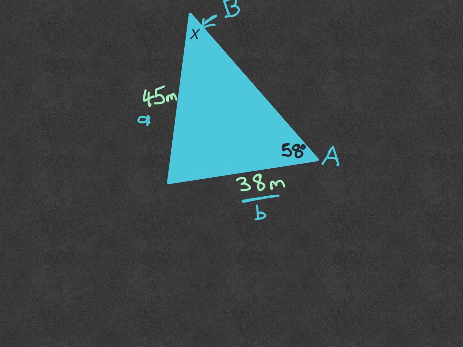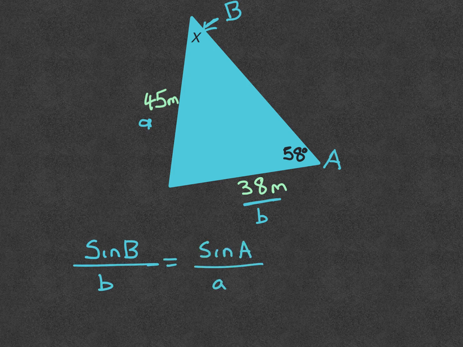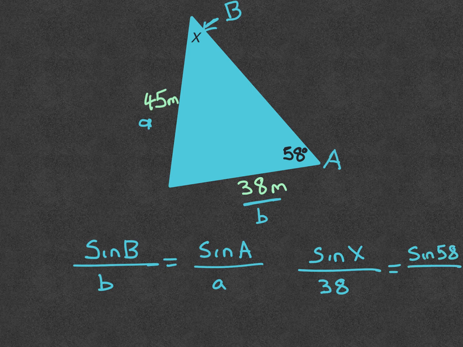This time we've got the angle as the unknown, so we want the angle to be on the top of our equation. That's the form of the sine rule that we want to use here. So if we have sine of B over b equals sine of A over a, then if we put all our values in, sine of X over 38 is equal to sine of 58 over 45.